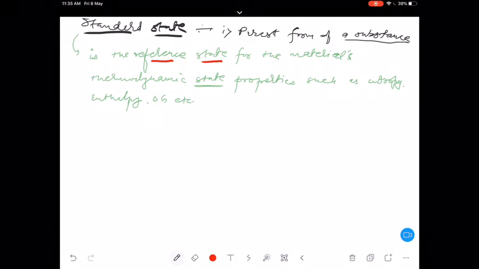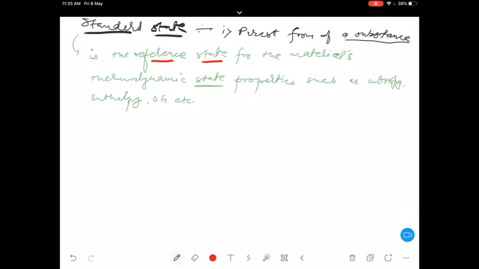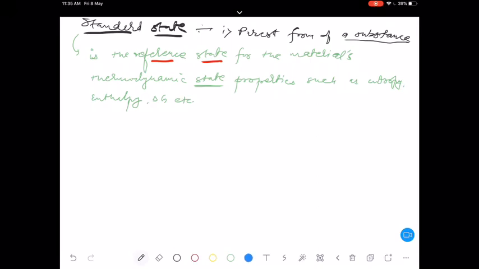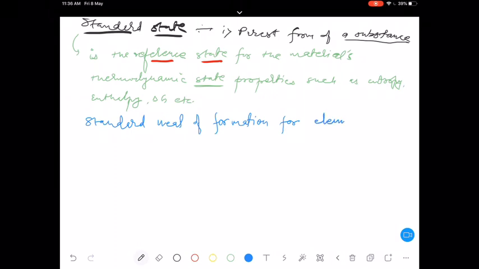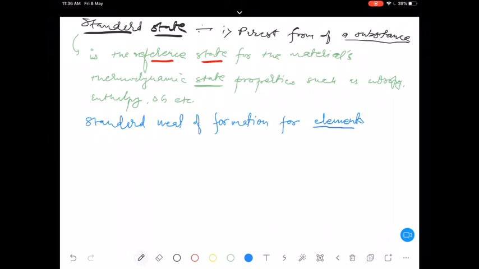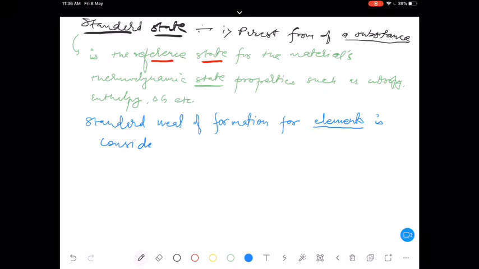So I'll define that we have said, let's say here I write: standard heat of formation or standard enthalpy change for elements which are in their standard states, of course, or you can say the native form of an element, is considered as 0.